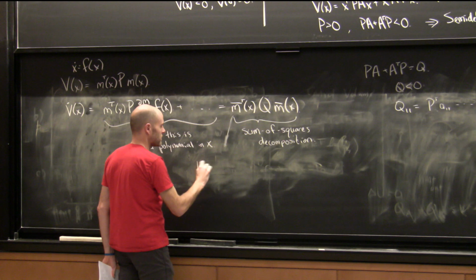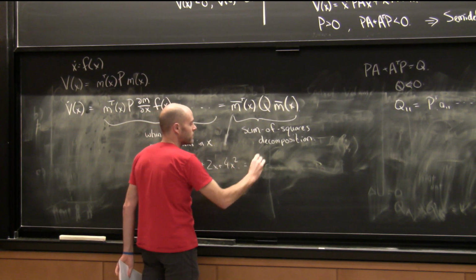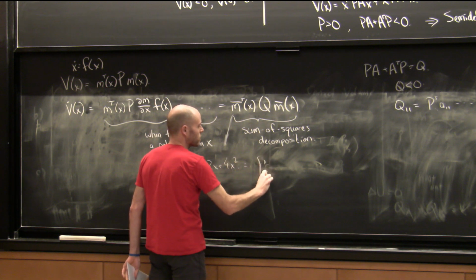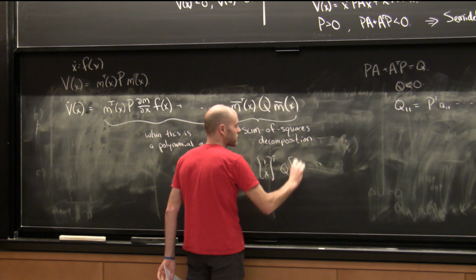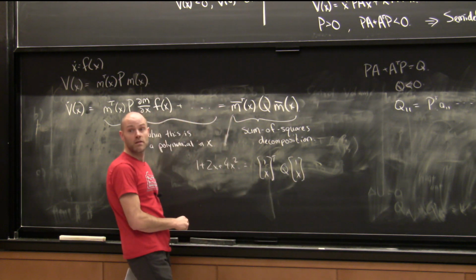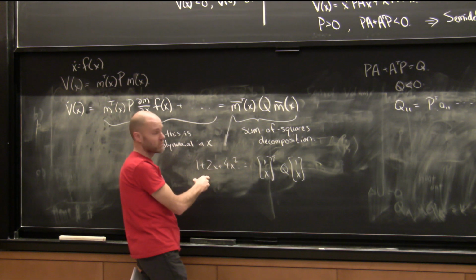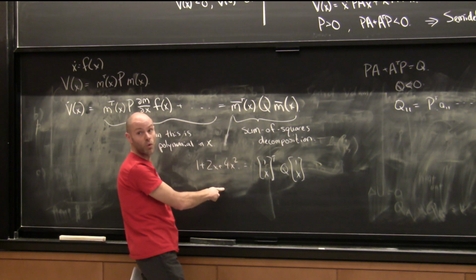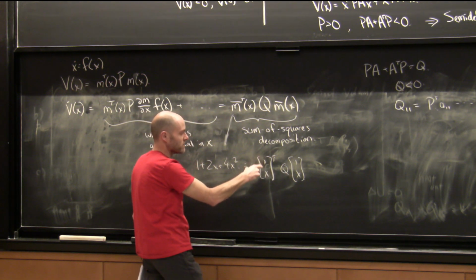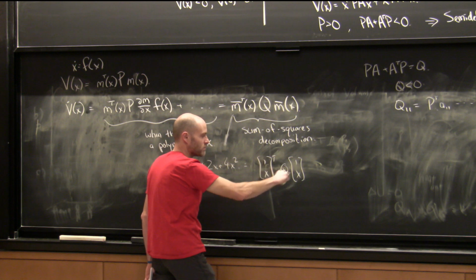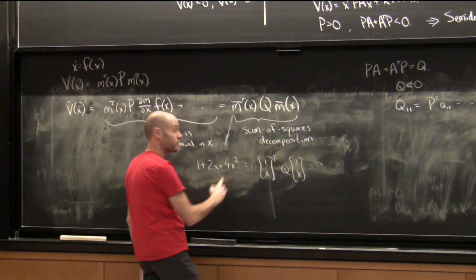For instance, if I have 1 plus 2x plus 4x squared or whatever, then I'm going to guess m is going to be 1 over x transpose q 1 over x. I could take the degree of the polynomial, divide it by 2. I'm never going to need more than half the degree because I'm going to square them, and by writing a basis like this, I can list out all possible elements.